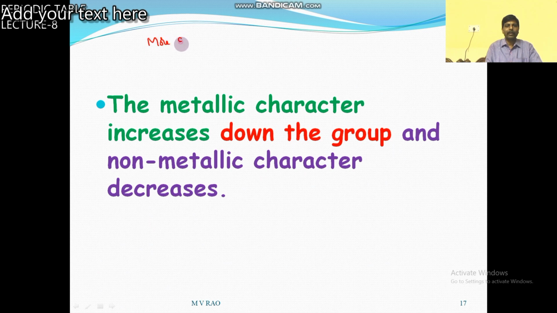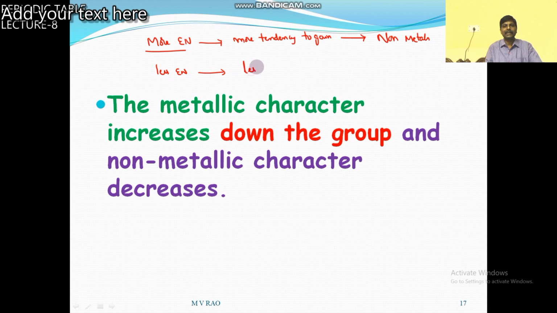More electronegative means more tendency to gain, so these are non-metals. Less electronegativity means less tendency to gain, so they are metals.